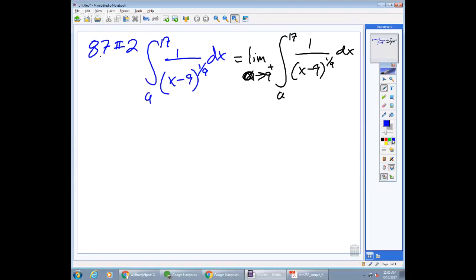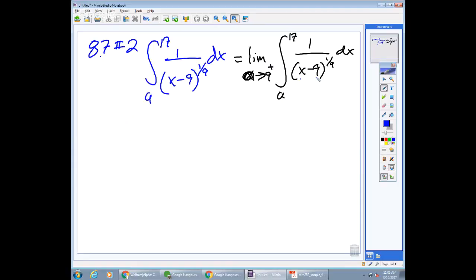Do we have an antiderivative for (x minus 9) to the negative 1/9? So that's kind of like u to the negative 1/9. Yeah, so we increase the power by 1, so that would give us 8/9, yep. And then du, well, that would be the derivative of that, which is just 1, so there's no big loss there.